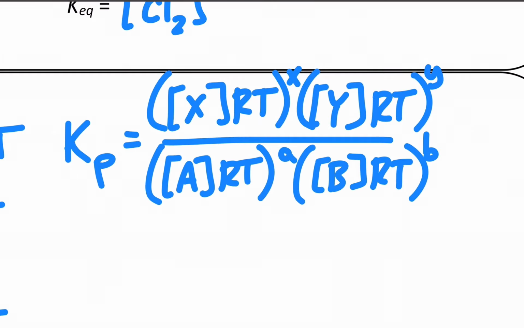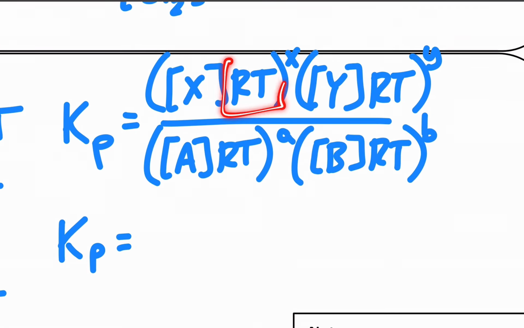And now I'm going to do some math tricks here, and we're going to factor out some stuff. I have a common base of RT in all of these terms raised to different exponents.